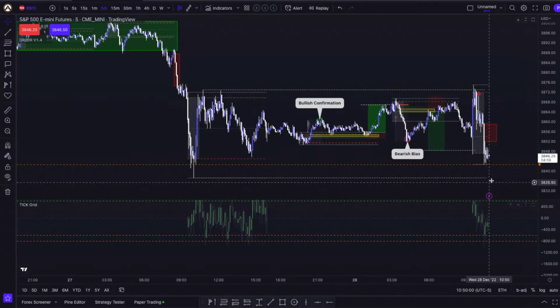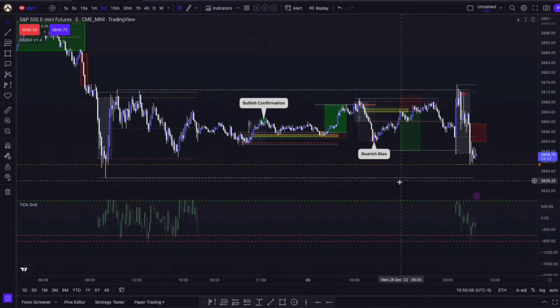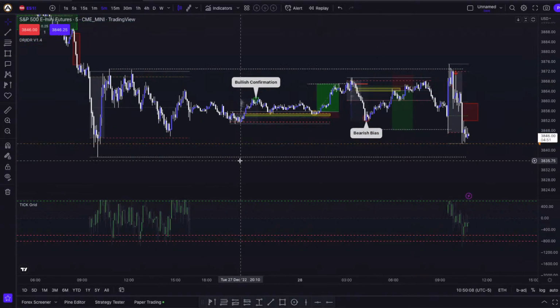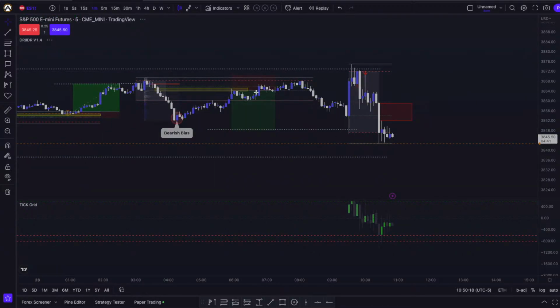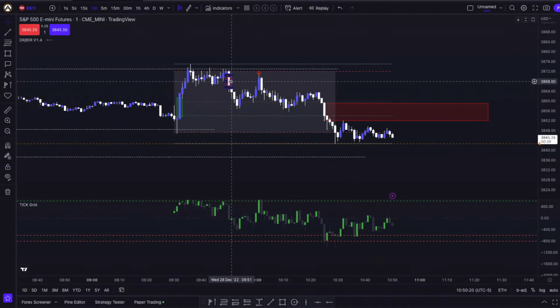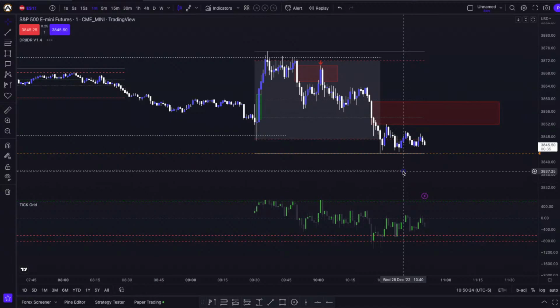So right now we took out the high of our previous day's New York range, but we have not taken out the low, which I would consider as the next most likely sell side liquidity target. So if you also got into a trade somewhere up here, up high, this would be the next sell side liquidity target.